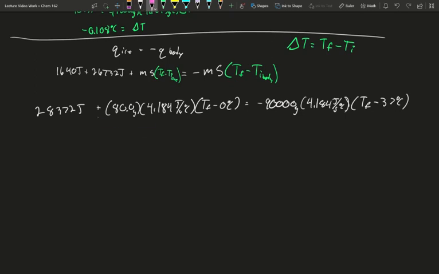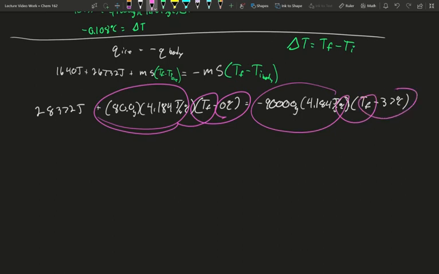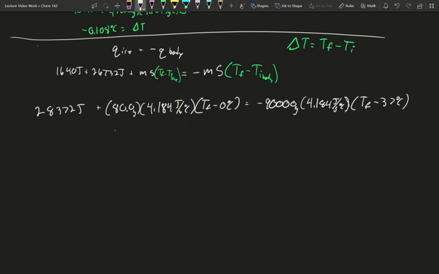Let's combine a few things, multiply these and then distribute. Same here, multiply these and then distribute. Let's get the two sides. It's going to give us 28,372 joules there, plus 334.72 joules per degree Celsius TF.